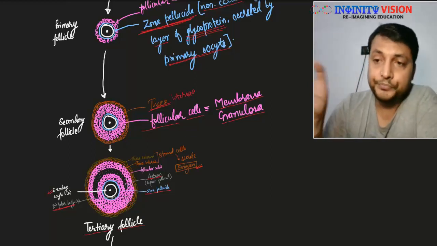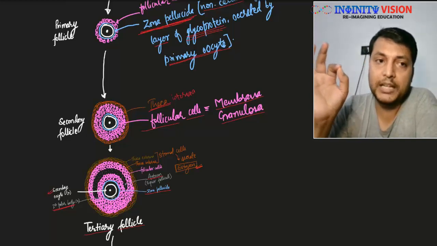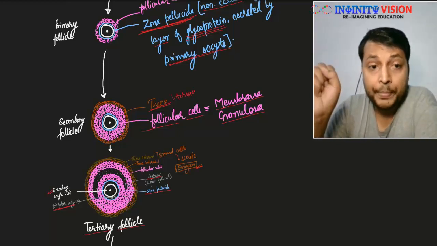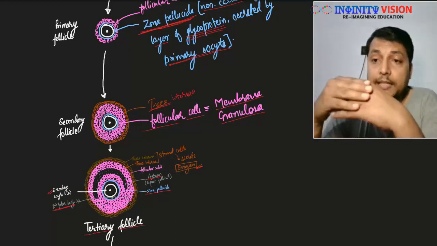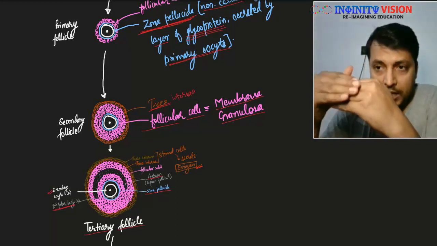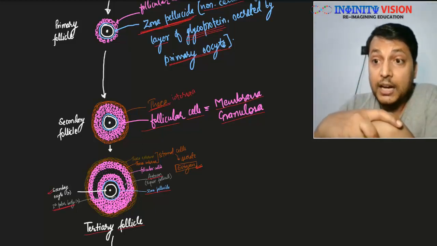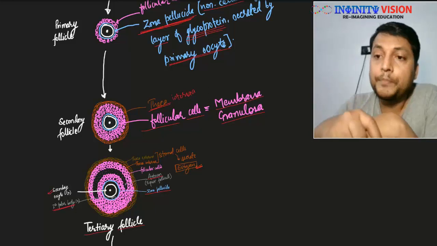The zona pellucida and primary oocyte will persist in the middle. On the outer side of the follicular cells, a layer of stromal cells is arranged, which forms the outer theca.